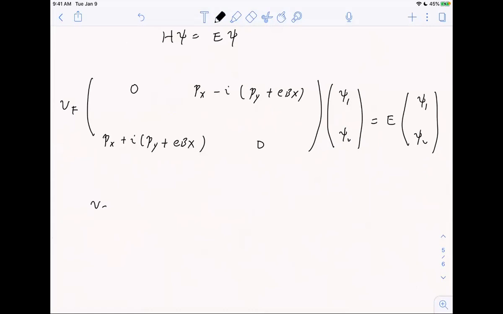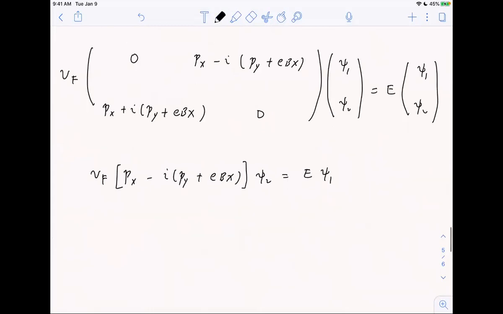Then you will have vF, px minus i py, eBx, psi 2 equal to E psi 1. And then you also have vF, px plus i py, eBx.